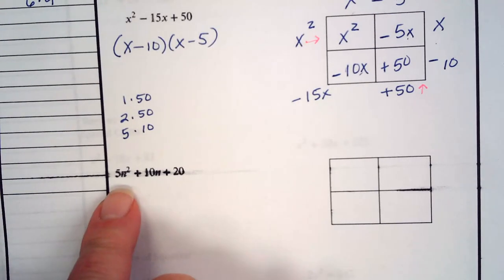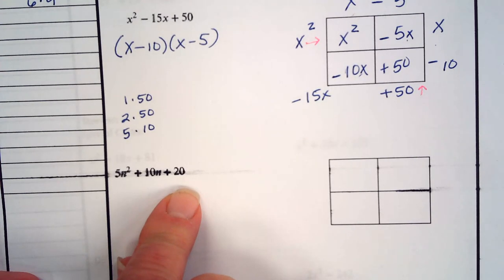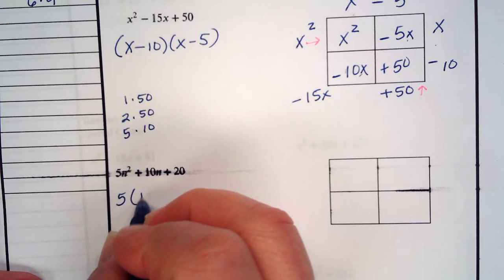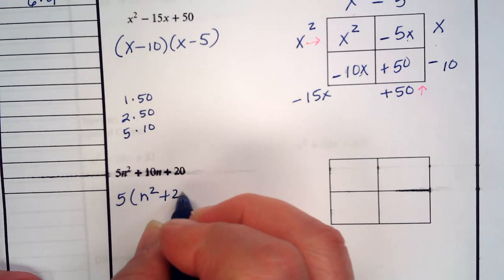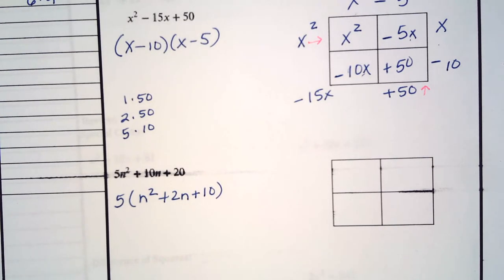Okay, on the next one, I've got 5n squared plus 10n plus 20. Is there anything I can factor out? Well, I can start out with a 5, and then I'll have n squared plus 2n plus 4.